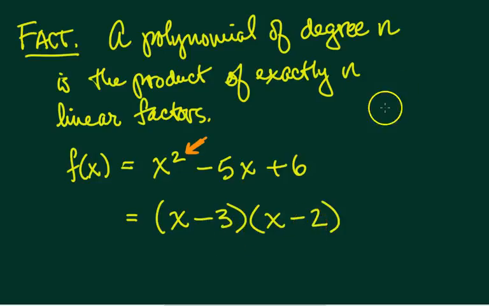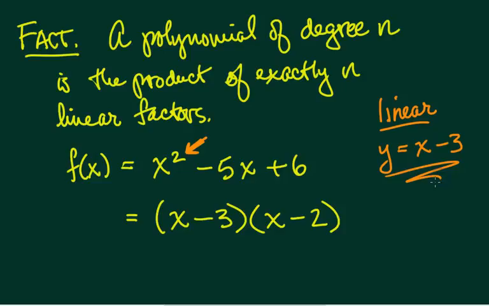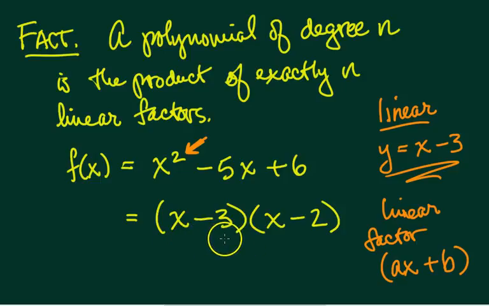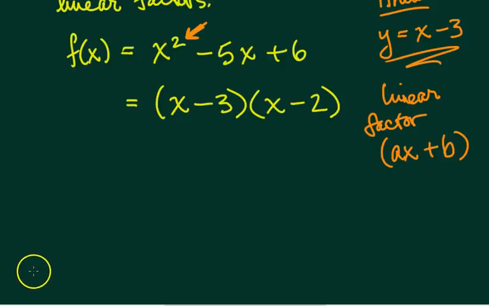Now, a linear factor. Linear here means that if we said something like y is equal to x minus 3 by itself, this would be the equation of a line. So a linear factor has the form ax plus b, as these guys do too. So x minus 3 times x minus 2, 2 linear factors. And let's look at another polynomial.